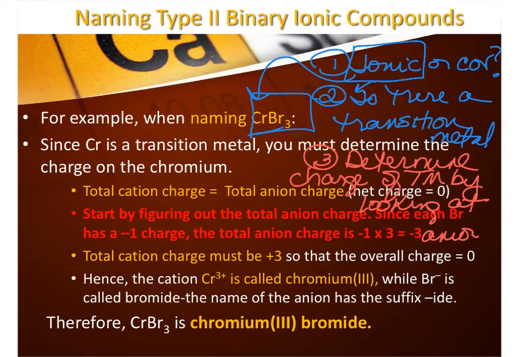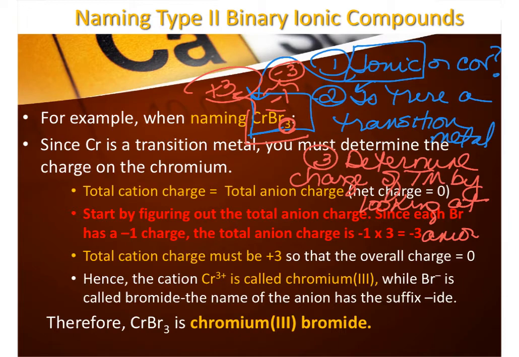We know that bromine, being a halogen, as an ion has a charge of -1. There are 3 bromides in this compound, so the bromine contributes an overall charge of -3, 3 times -1. For this whole compound to be neutral overall, chromium in this case has a charge of +3.